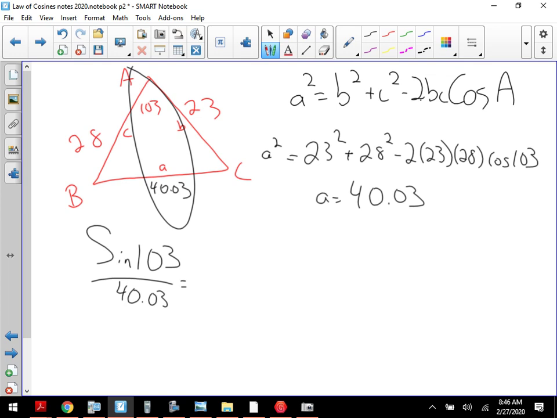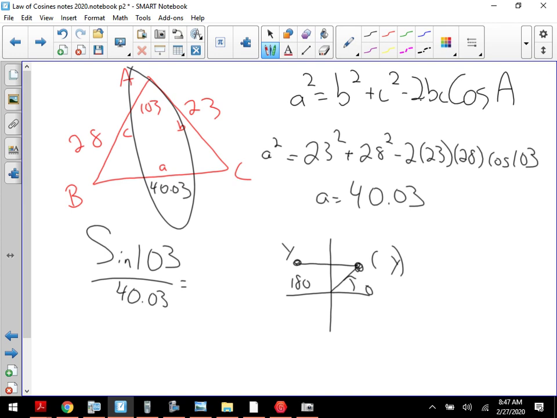I don't remember what day I talked about this, but what happens in Algebra 2 is you get what's called an ambiguous case of the law of sines. Sine values go from 0 to 180. Sine of an angle is the y coordinate here. The y values are both positive in the first and second quadrant.